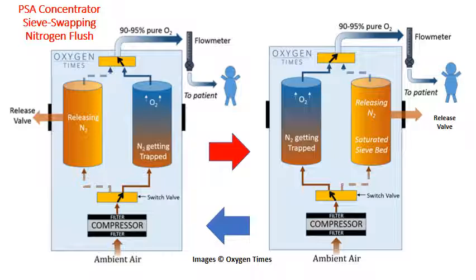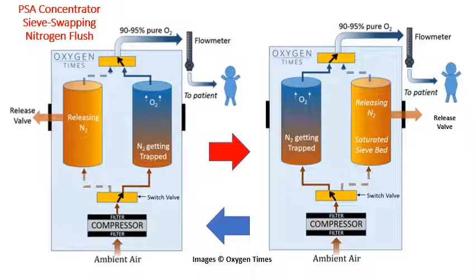It has been disconnected by way of the 4-way solenoid from the compressor output and from the oxygen output, and instead the 4-way solenoid valve has routed the compressor output to the right tank, and the output of the right tank is being directed to the flow meter as output oxygen. In the meantime, the release valve is flushing the left tank of nitrogen.